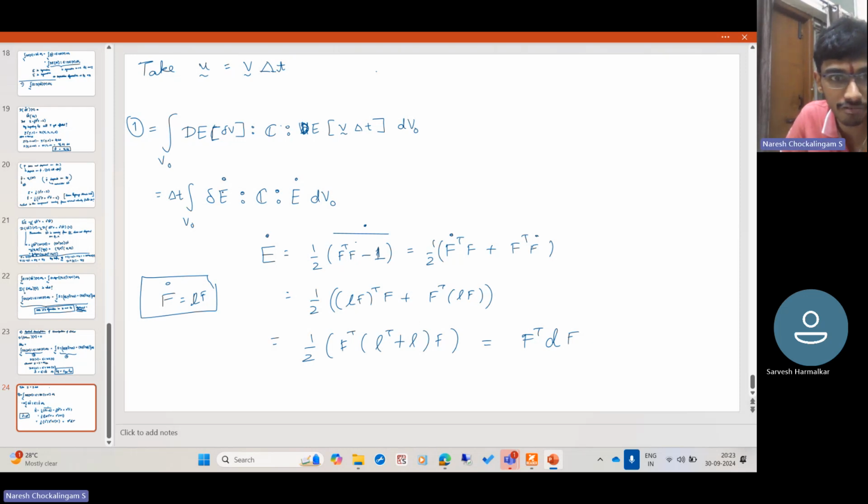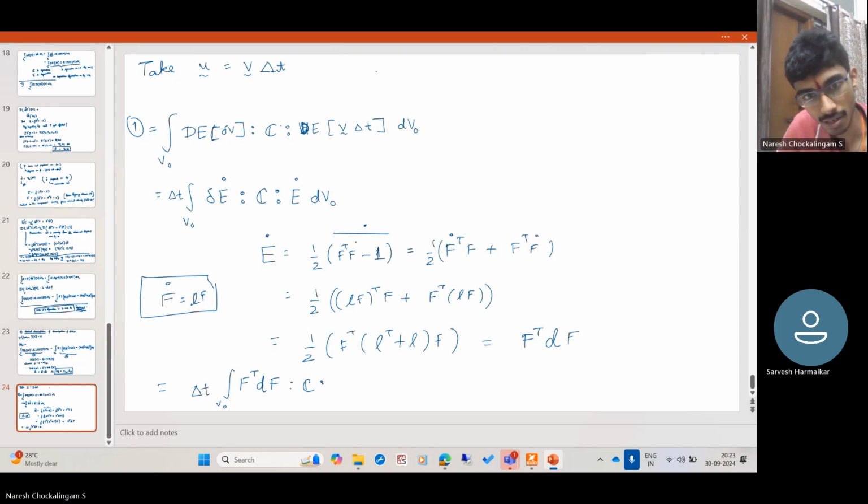So in place of E dot, substitute this, we get the first term is delta D integral over V naught, F transpose D F double dot with C double dot with E dot. E dot is again, okay, this is delta D, right?